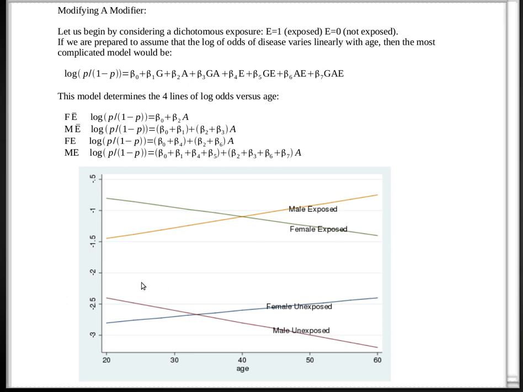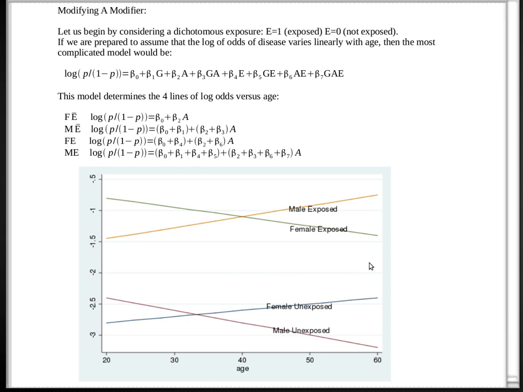We get that the log of the odds ratio is declining with age. So we can see with this visual that for the women, age modifies, but it's doing so in a different way. The modification form is that the log of the odds ratio for the women declines with age.